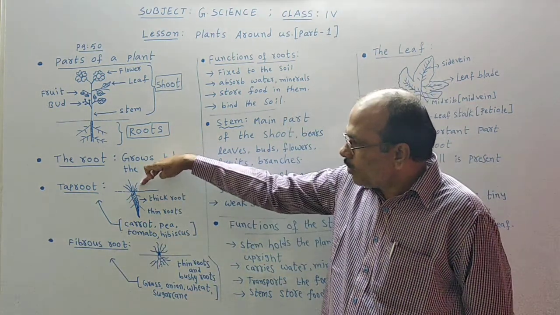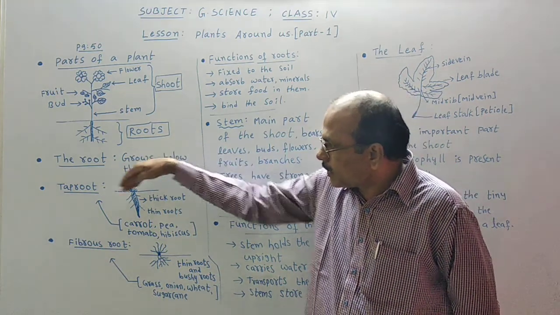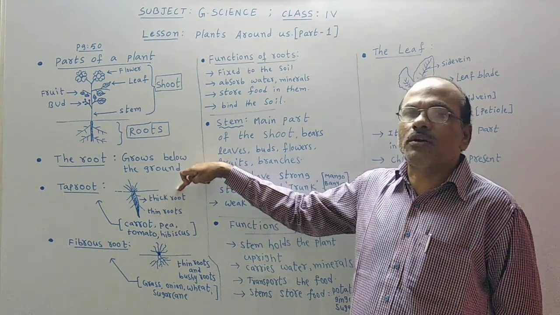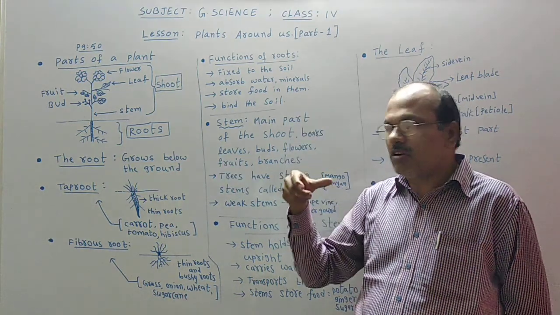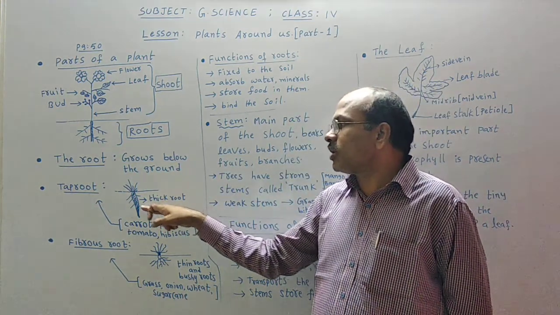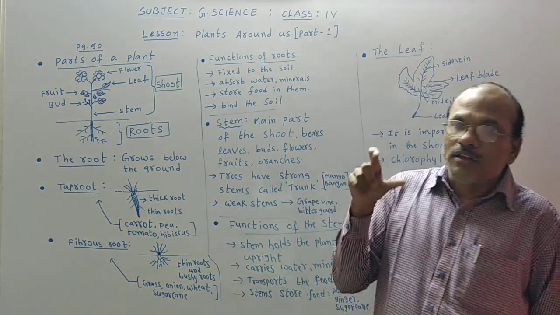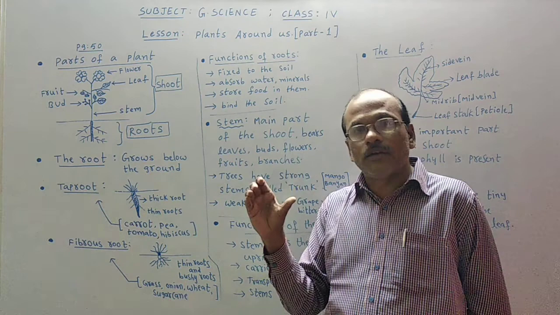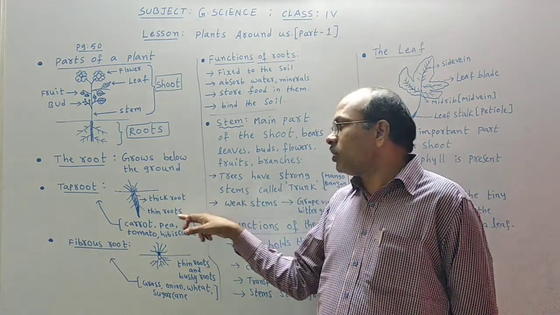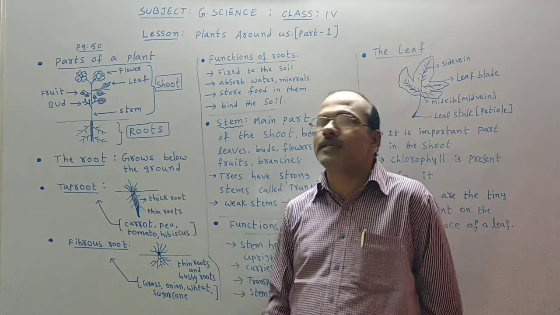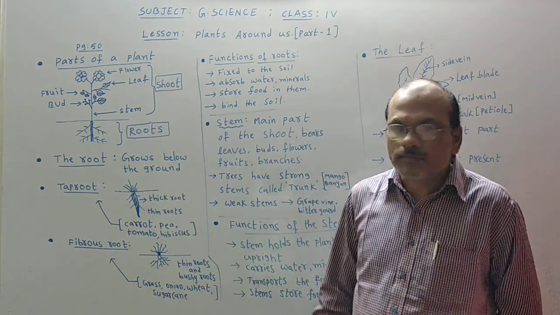This is one plant grown on the ground. This is the root. This root is a thick root, very thick, and small side roots are also there, called thin roots. If the root is thick and small thin roots are arranged from the thick root, such a root is called a tap root.